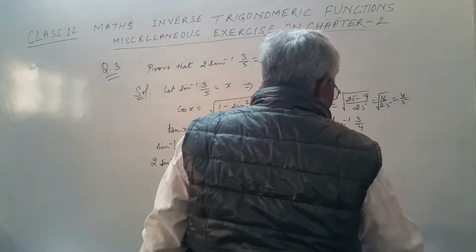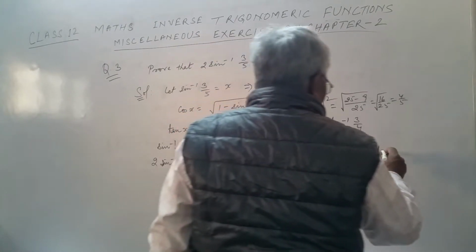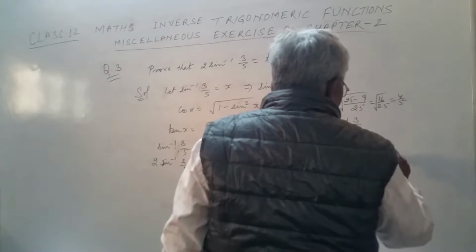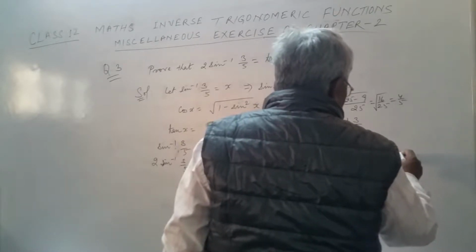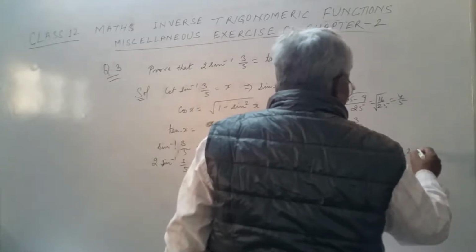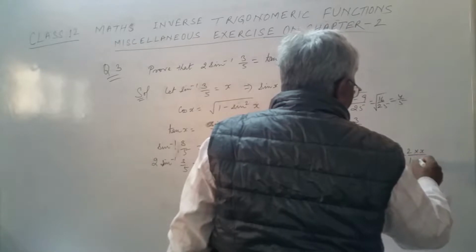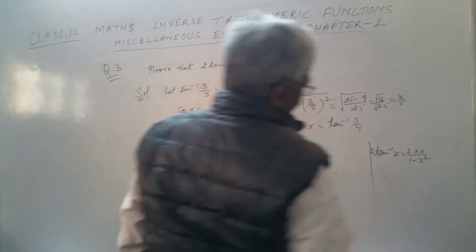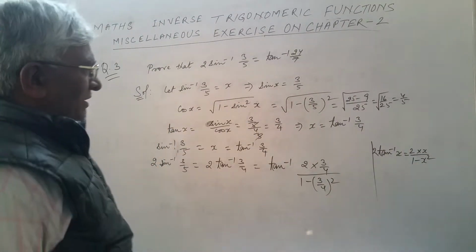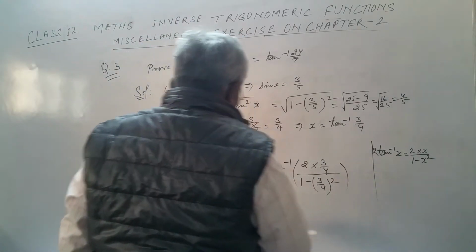The formula is 2 tan inverse x is equal to tan inverse 2x upon 1 minus x square. This is the formula, and on that basis we are getting this.